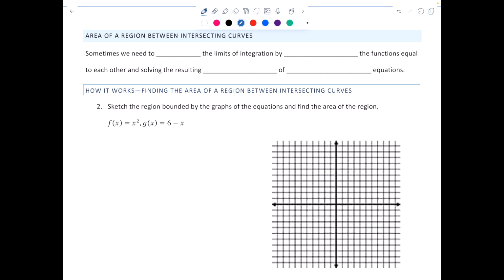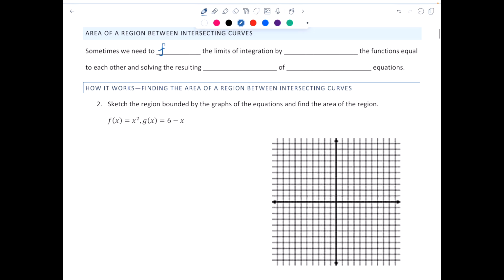And then other times you need to set the equations equal to each other and solve, solving that nonlinear system of equations. So sometimes we need to find the limits of integration by setting the functions equal to each other and solving the resulting system of often nonlinear equations.